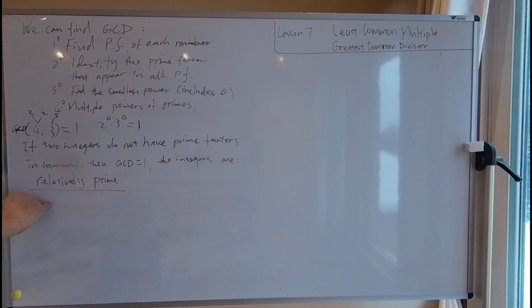And then we also have a similar property to the one we had in the least common multiple. Let A and B be two positive integers.